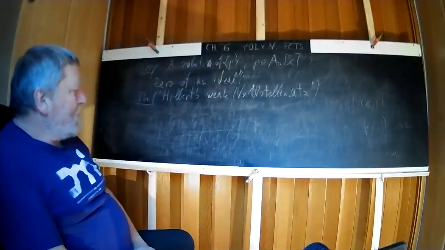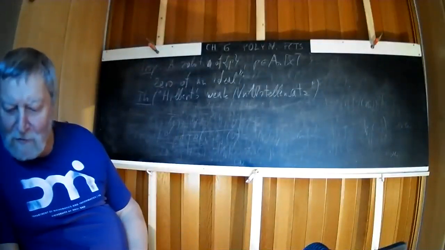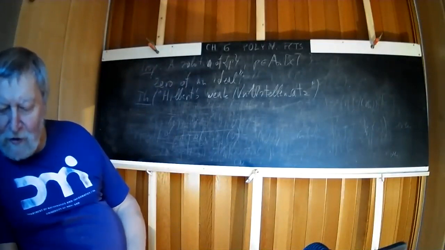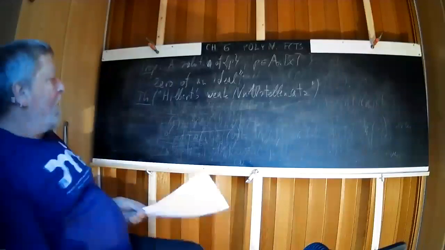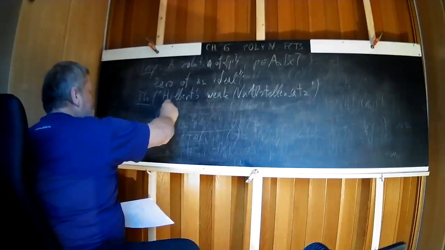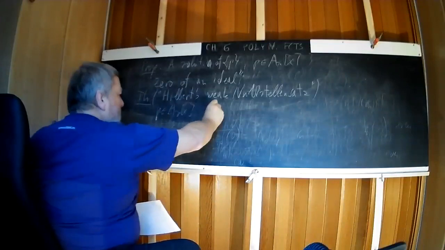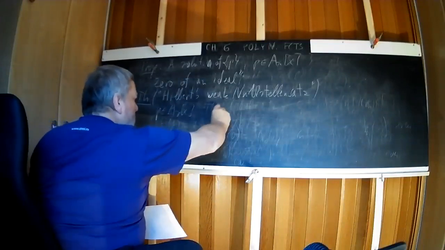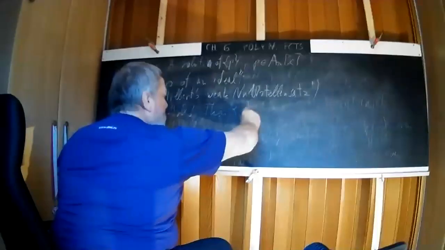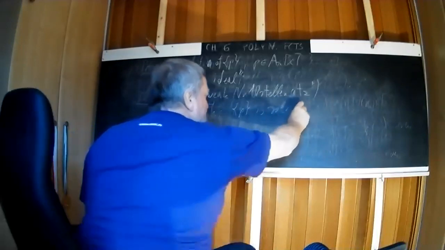And Hilbert's weak Nullstellensatz says that whenever you have a polynomial P, so if P is in A V of X, then the equation P is solvable over A.